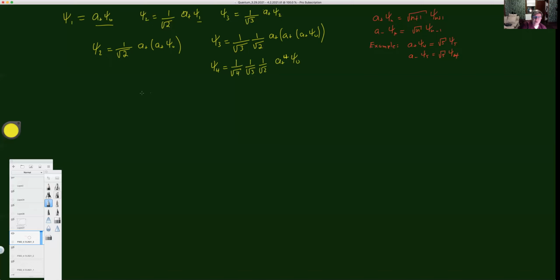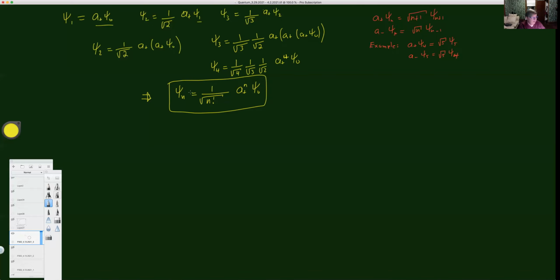So we can write down a general formula just by looking at this, where psi n is equal to 1 over the square root of n factorial, because notice 4 factorial is 4 times 3 times 2 times 1, and 1 over the square root of 1 is just 1. So this works: A plus to the n acting on psi naught. That will be helpful.